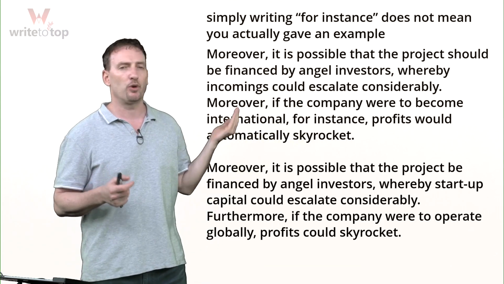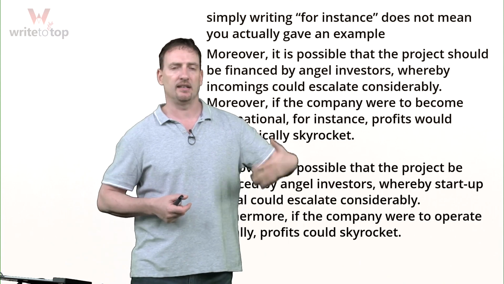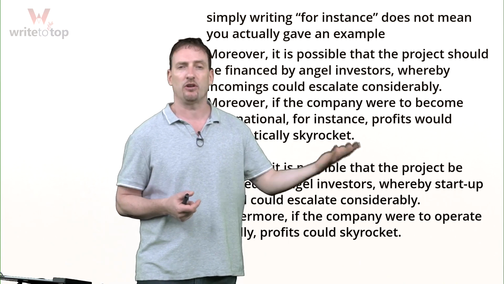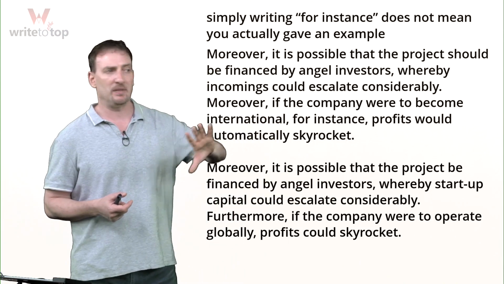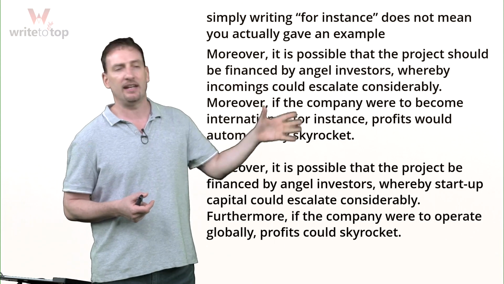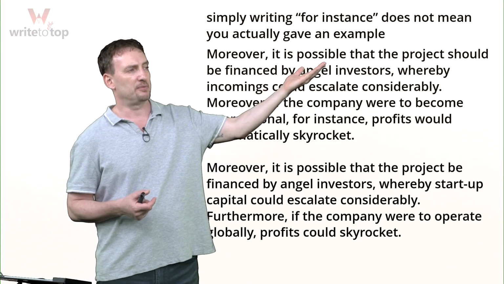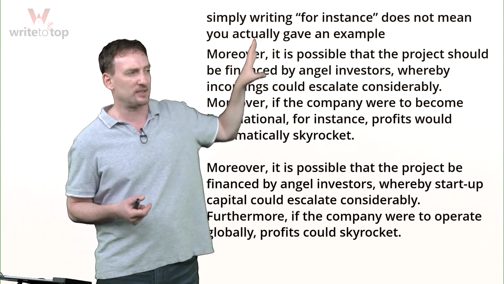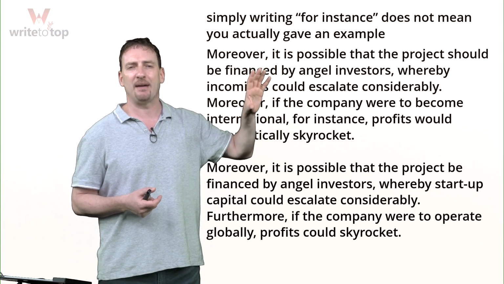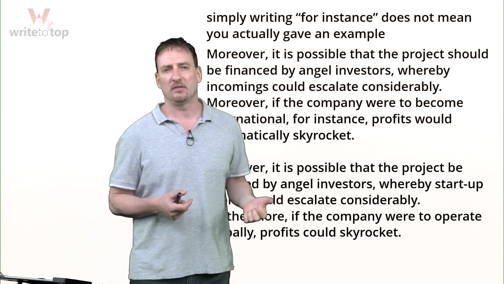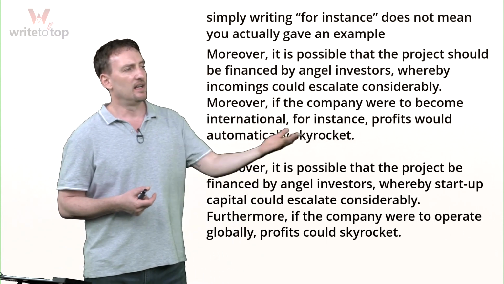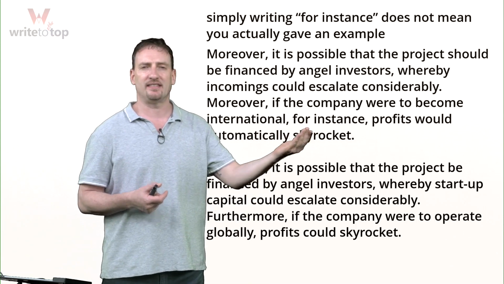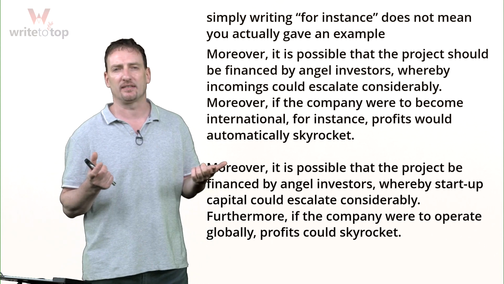You're just giving me moreover. You're giving me another idea, another probability or suggestion or argument. You are not giving me any example anywhere here. It is possible that it should be financed by angel investors. The whole sentence could be an example of how you can succeed in business. But here, this, for instance, has no connection to anything else.